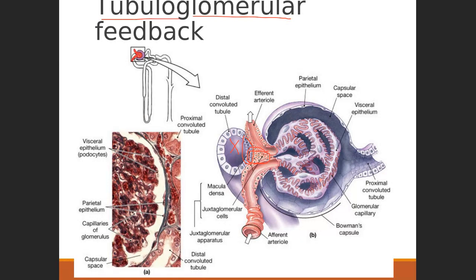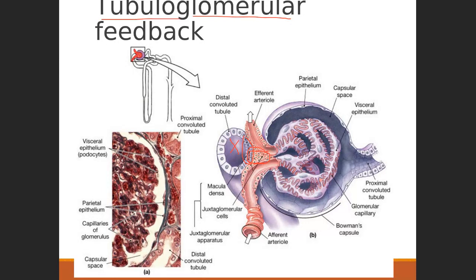So now let's take that and put it in context of our GFR again. If blood pressure is too high, tubuloglomerular feedback will counter and change the blood pressure, because that high blood pressure was going to try to increase glomerular filtration. So if blood pressure is too high, causing a trend of increasing filtration rate, our tubuloglomerular feedback lowers the blood pressure that was the problem to begin with.